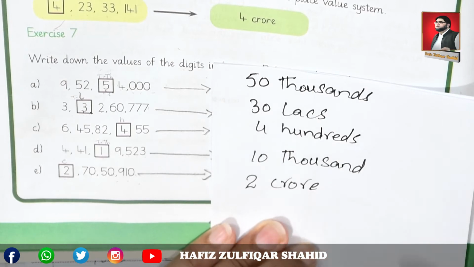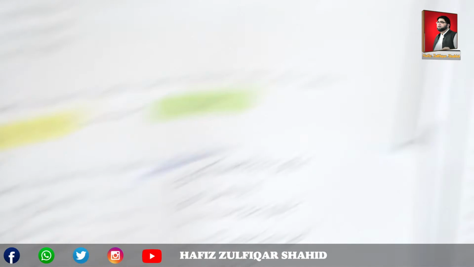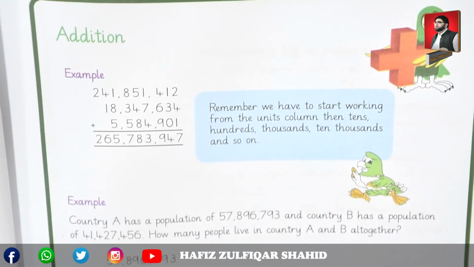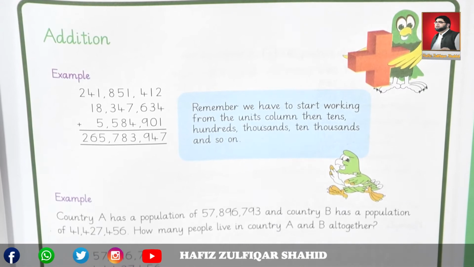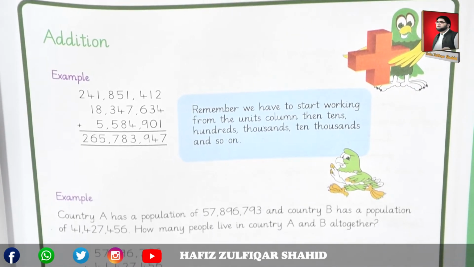Students, we have completed our exercise 7. Let's move to the next topic, which is addition. Now we have to learn how we can add the numbers. Exercise 8 on page number 9.